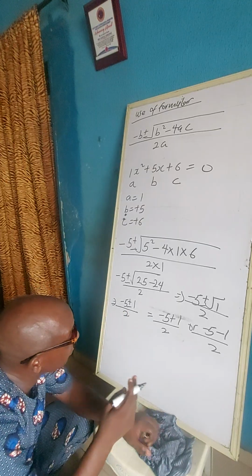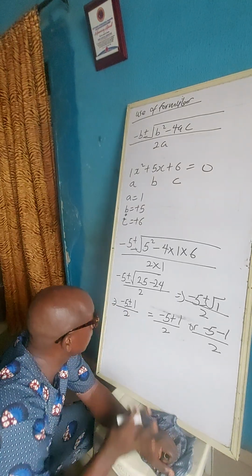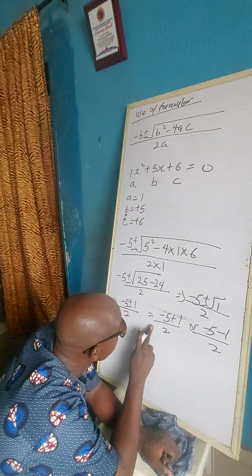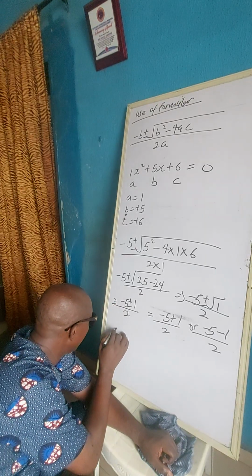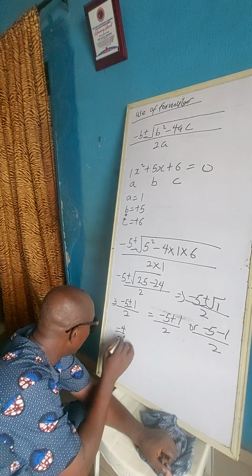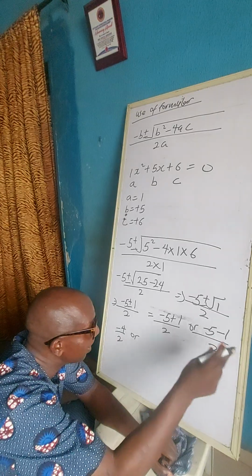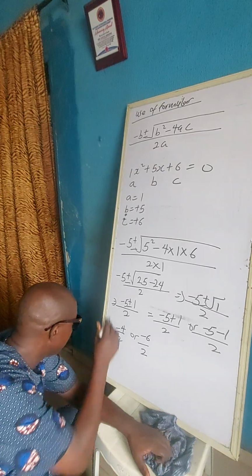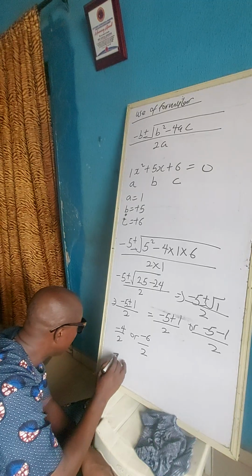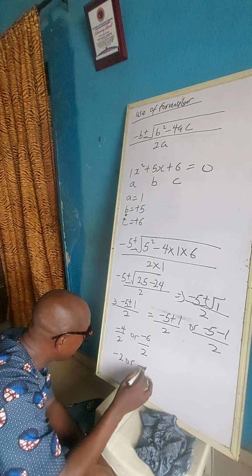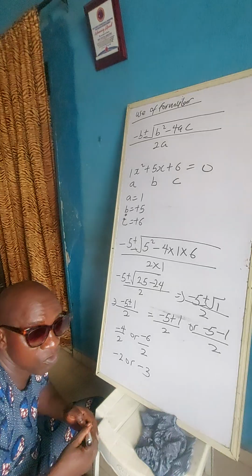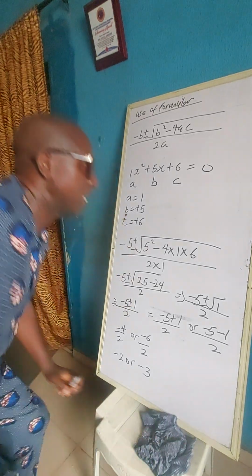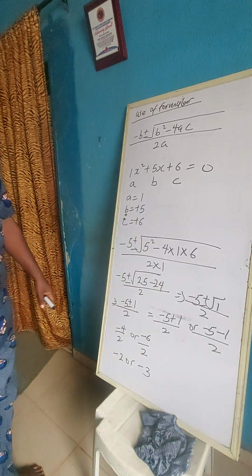It can take plus, it can take minus. That means minus 5 plus 1, that will be minus 4 over 2, or minus 5 minus 1, that will be minus 6 over 2. When you divide, this one will become minus 2 or minus 3. You can see we have the same answer as the previous one.